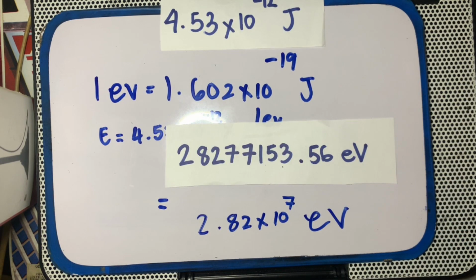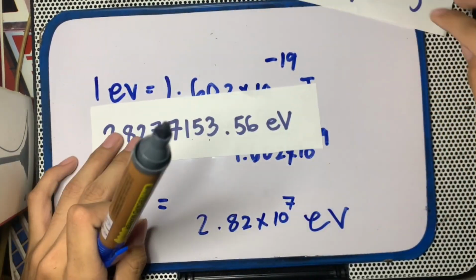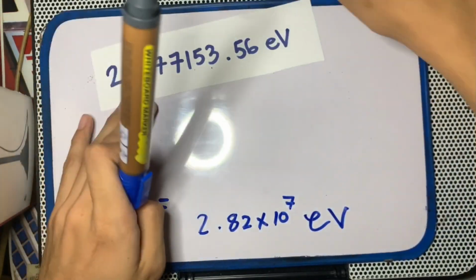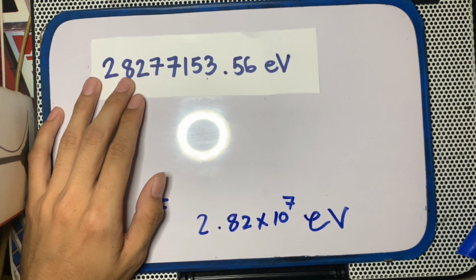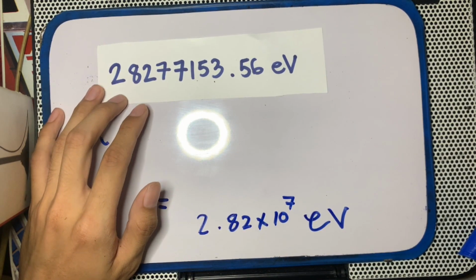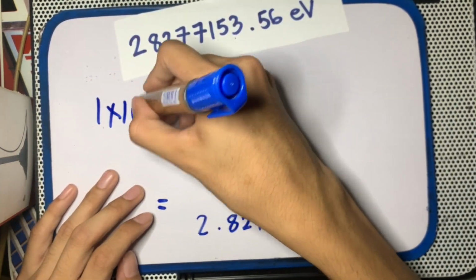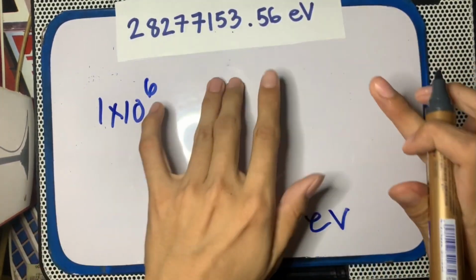So now, let's convert electron volts to mega electron volts. To convert electron volts to mega electron volts, you divide energy in electron volts by 1 times 10 raised to 6, or simply 1 million.